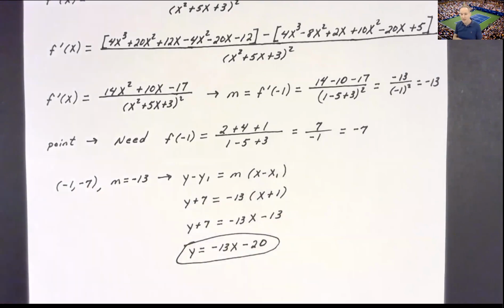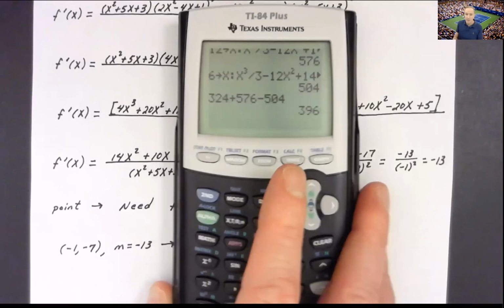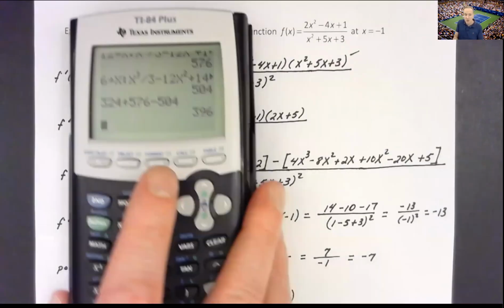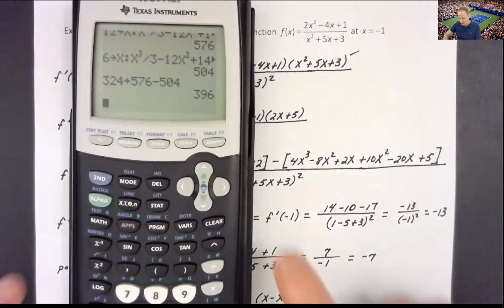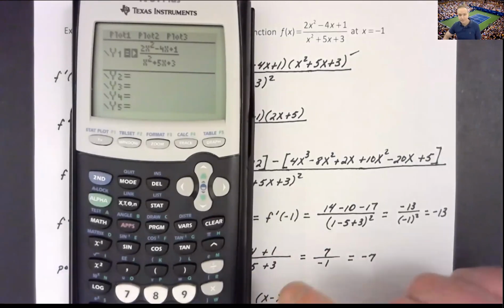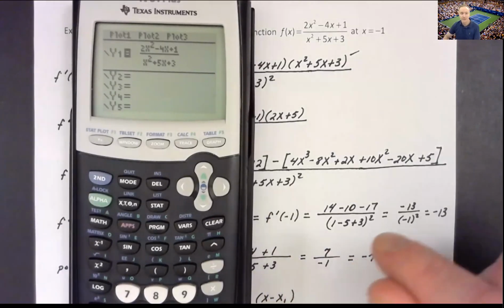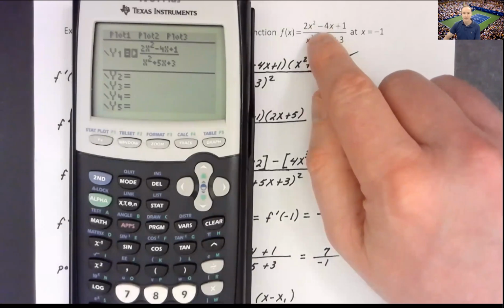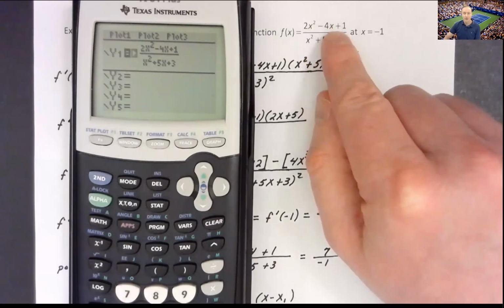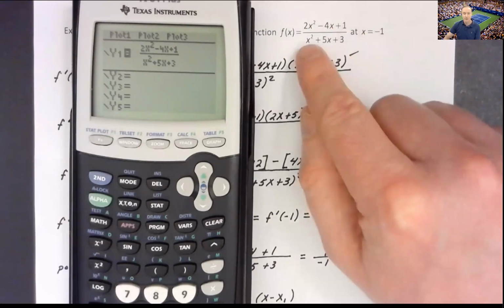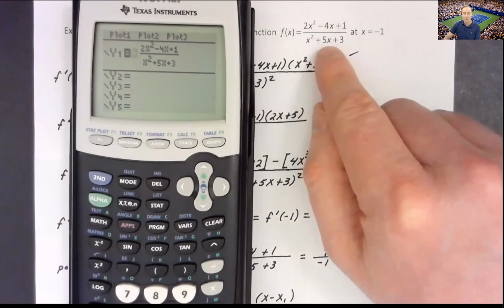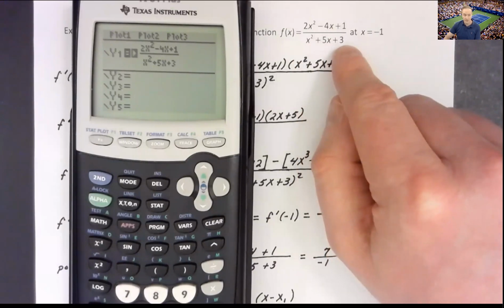Now, one thing I do want to go ahead and show, it's certainly not a requirement, but if you would like, you can also check problems like this with your calculator. Here's what I mean. If you type this into your calculator, notice I just entered the fraction 2x squared minus 4x plus 1 over x squared plus 5x plus 3.